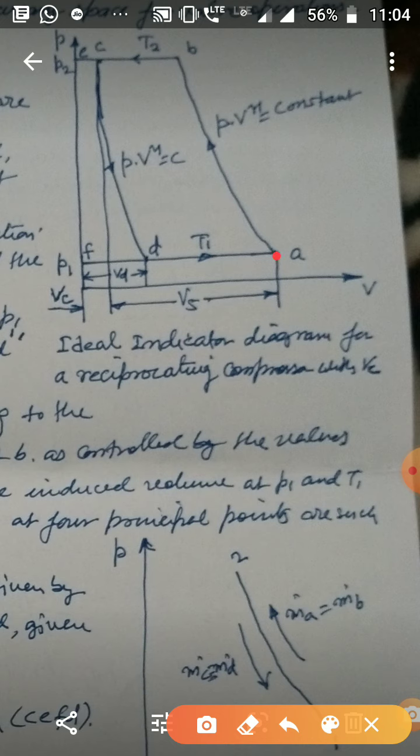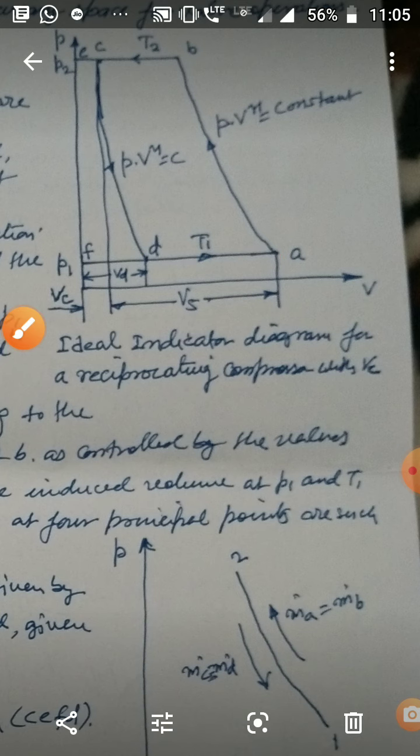So from point D to A the induction will take place, but here the volume of the fresh air will be from D to A only. This VD is the volume of the air after the expansion from the clearance volume.